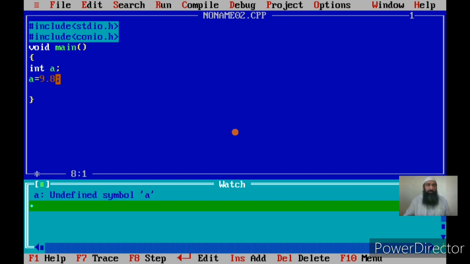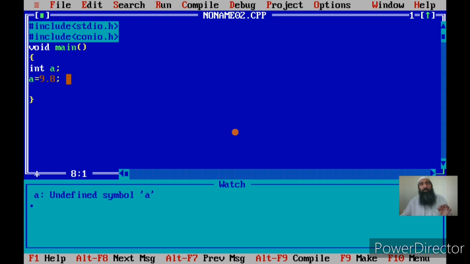You should remember it. Never ever try to assign a decimal value to the integer, or an arithmetic expression which produces decimal results. This is data type incompatibility.